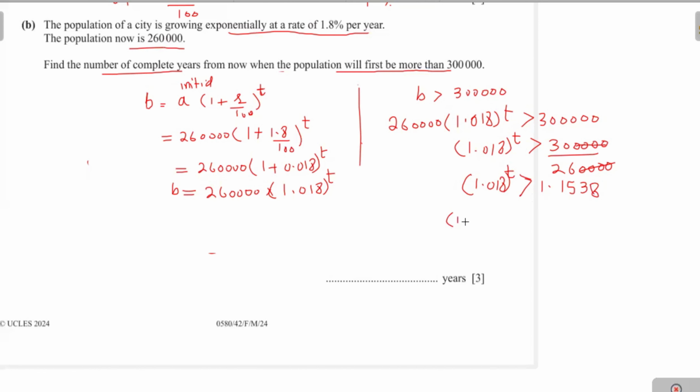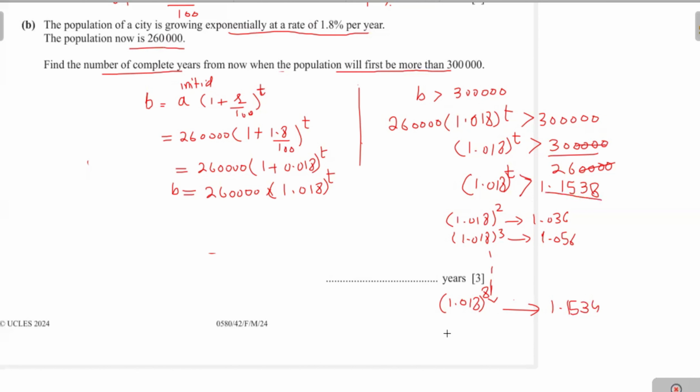We take the value 1.018 to the power 2, and this value is equal to 1.036, and 1.018 to the power 3 will be equal to 1.056. Next, we will take a value where the result is greater than 1.1538. We take 1.018 to the power 8. This value is equal to 1.1534, and this is less than 1.1538.